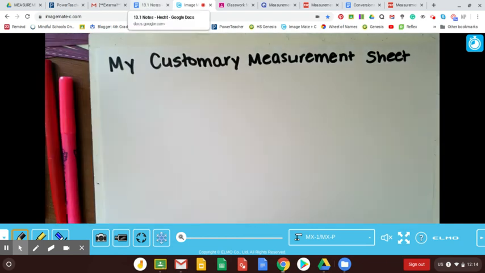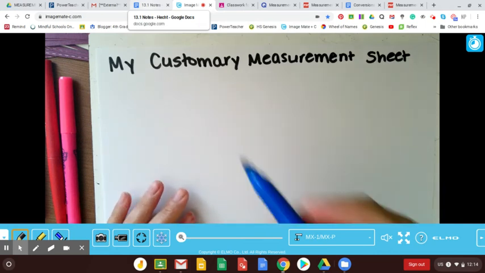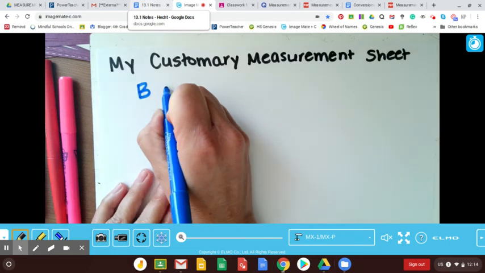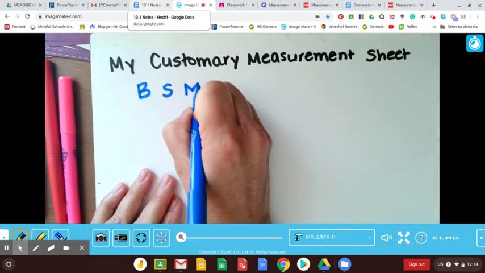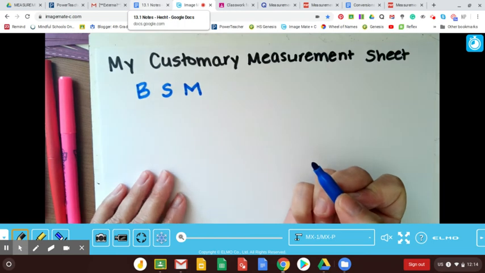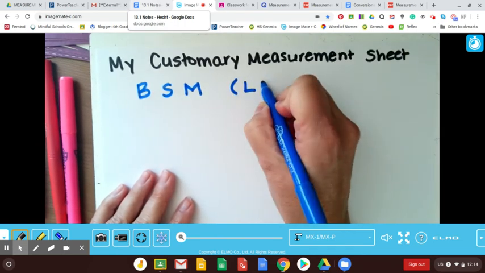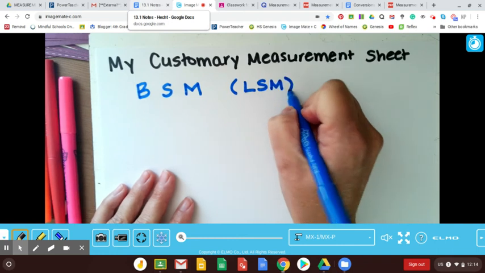And the first thing I want to talk about is a little memory trick to help remind you with customary measurement what you need to do for your conversions. So I like to think of it as BSM, and then I also want you to write LSM in parentheses.